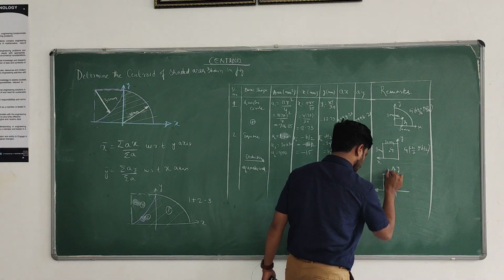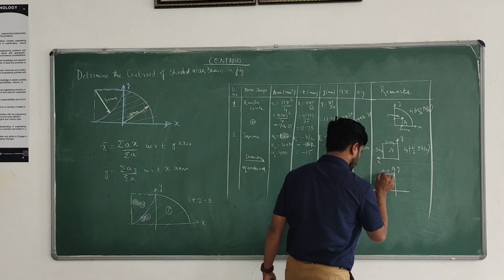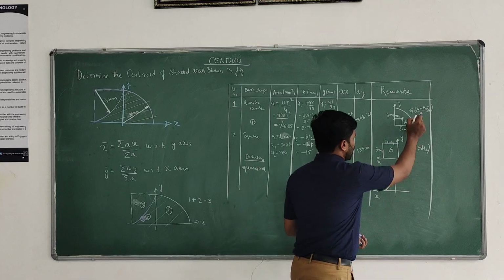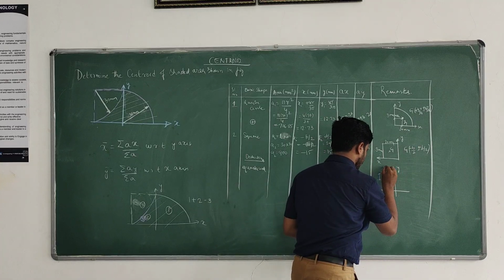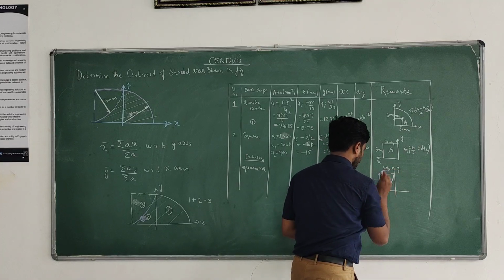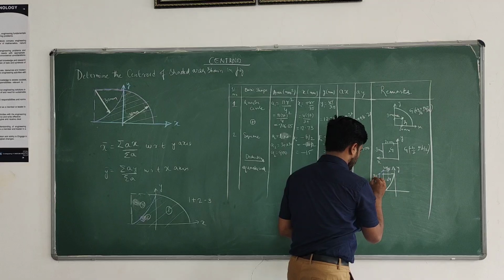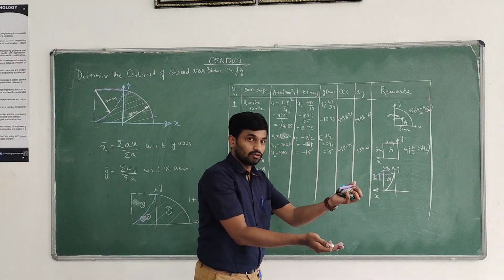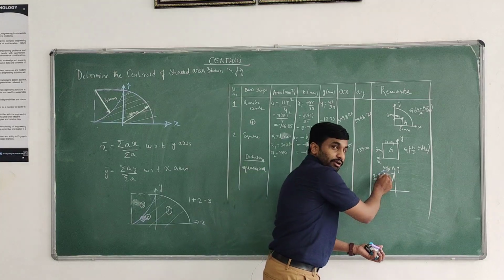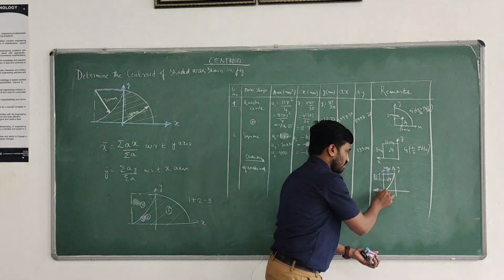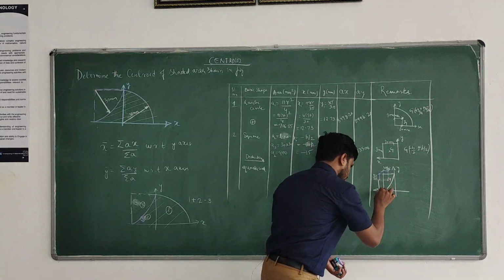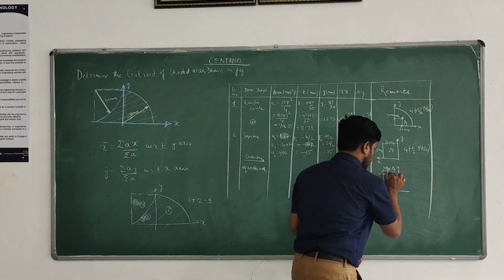From origin, these values are 4r by 3 pi, 4r by 3 pi. This is a reverse quarter circle. So origin is here, but we are measuring centroid with respect to x-axis and y-axis. Therefore, we require what is this distance and what is this distance.